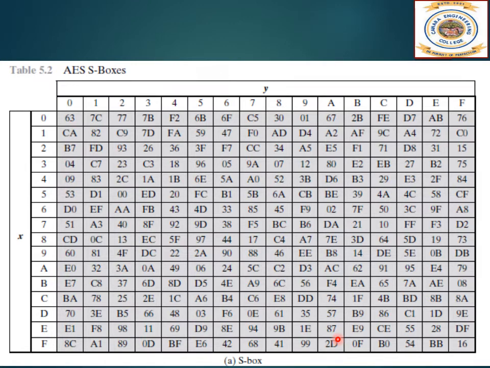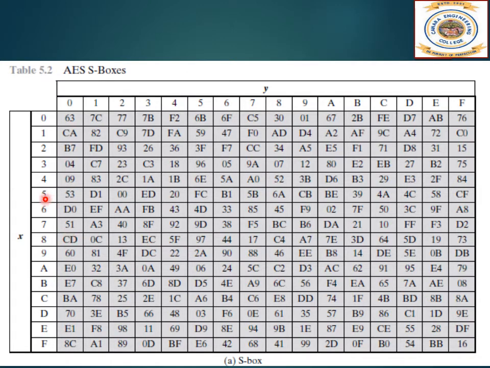Now coming to the next element in that column, 83. The first 4 bits are 8 and the next 4 bits are 3. So for the 8 row and the third column, the entry is EC. So for 83 the entry was EC. Next element in that first column was 5C.